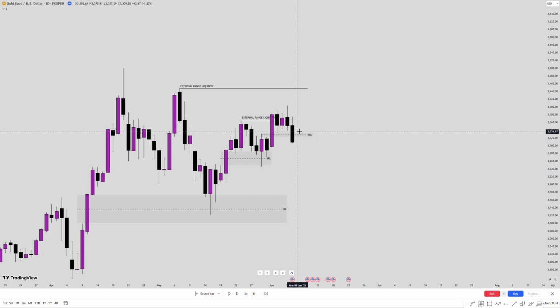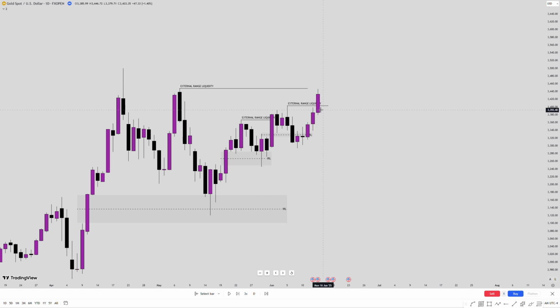We filled that internal range liquidity. Now our main goal is to take out that swing high, which is the external range liquidity. Why? Because we have the 3 candles, 1, 2, 3, forming a swing high. That swing high is going to be the external range liquidity, so let's mark it out and see what price is going to do.